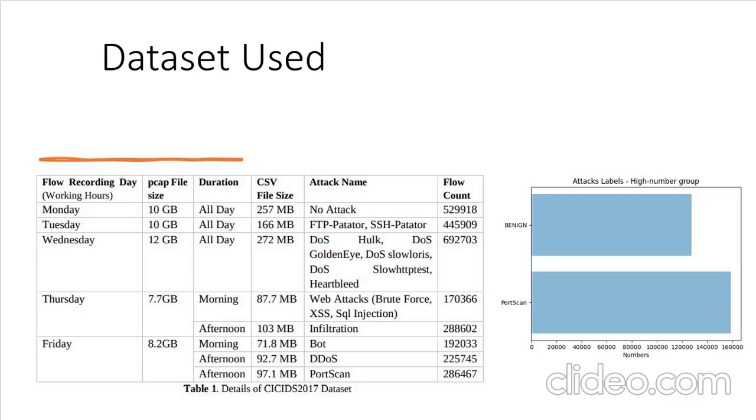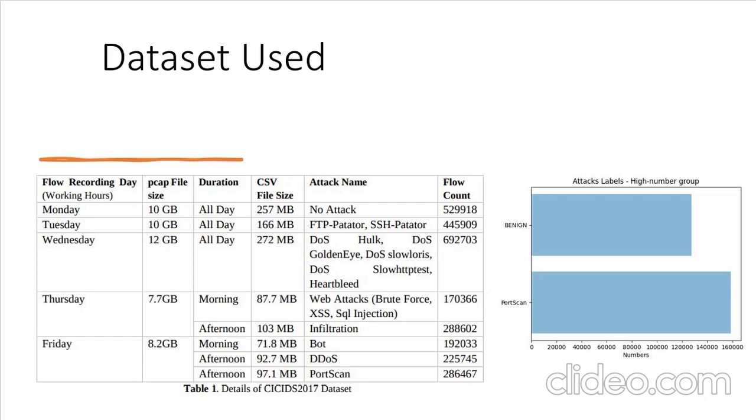For the dataset used, we selected the CIC IDS 2017 dataset because of its comprehensive coverage of various network attacks. This dataset includes multiple attack types such as port scan attack, DoS attack, bot attack, web attack, and many more, making it ideal for this project.